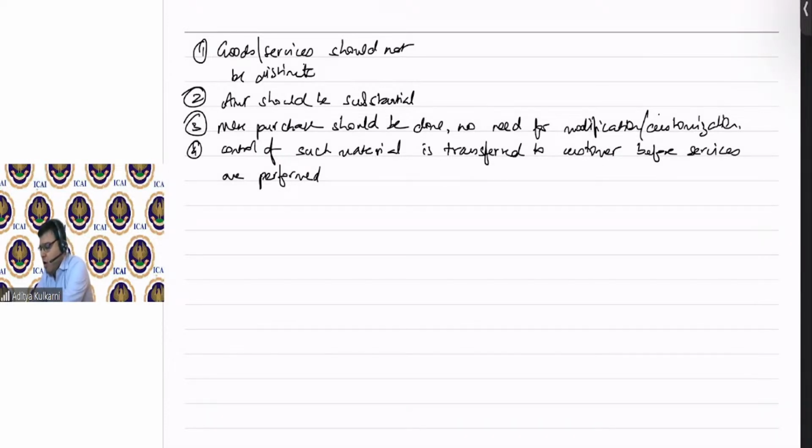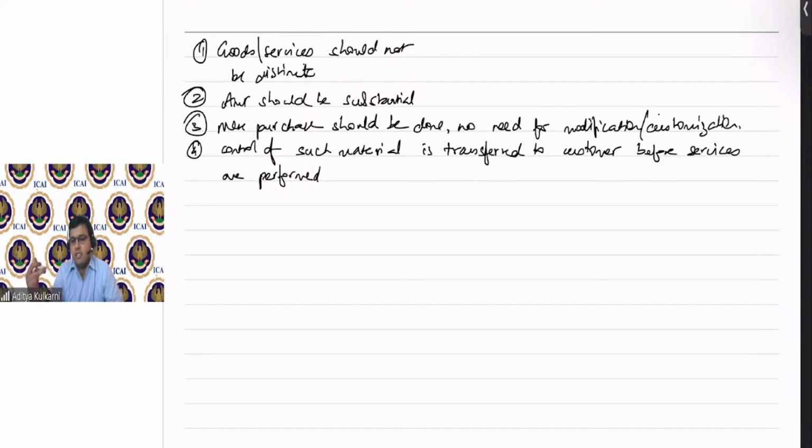Okay. So all these conditions are fulfilled. If all these conditions are fulfilled for a lift or a land, it's not distinct. You are integrating it with the project. Amount should be substantial. They are. Purchase only is sufficient. Don't think about modification or customization.